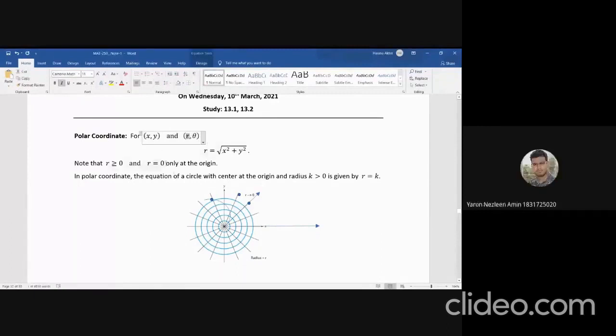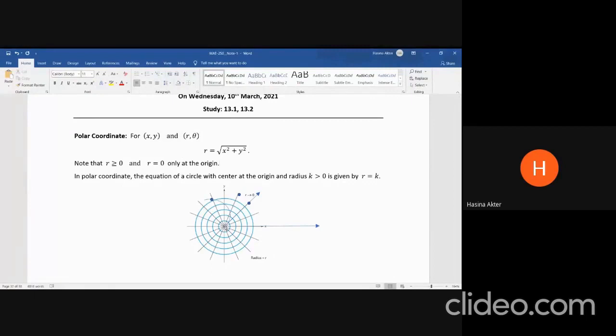Since I need a circle, let's say that we are taking theta from negative infinity to positive infinity. That means it will keep rotating.